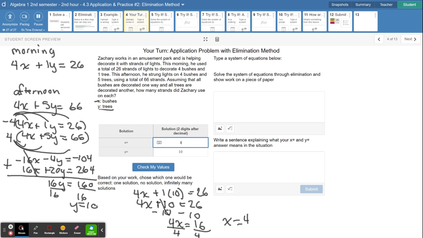So that means he did a total of 4 strands. The x's were bushes. And then he did the 10 strands of light for the trees. Once again, it's not going to let you click until you start typing in this box as well.